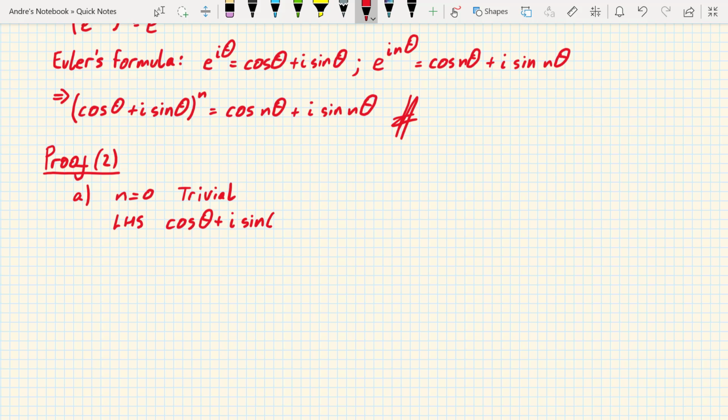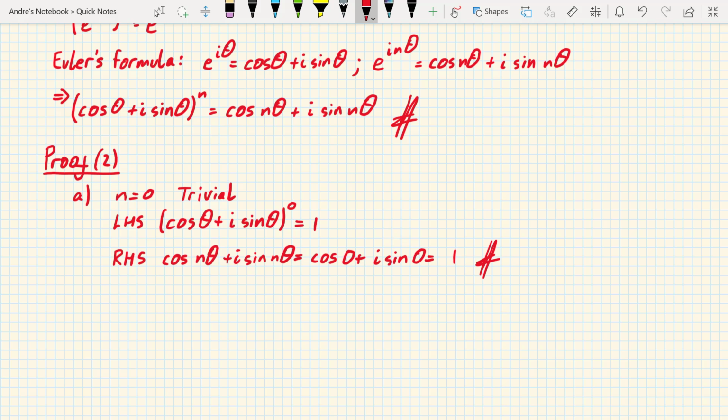Now given that cos theta + i sin theta is not equal to 0, that then is equal to 1. For the right-hand side, cos n theta + i sin n theta is equal to cos 0 + i sin 0. Cos of 0 is 1, sine of 0 is 0, and so the result's equal to 1. So the left-hand side equals the right-hand side, and we've proved the case n equals 0.